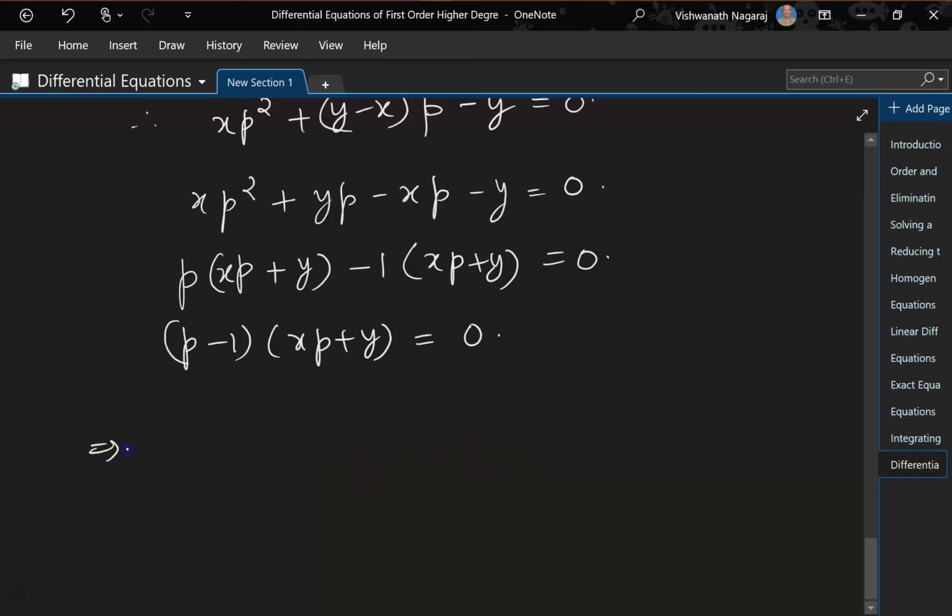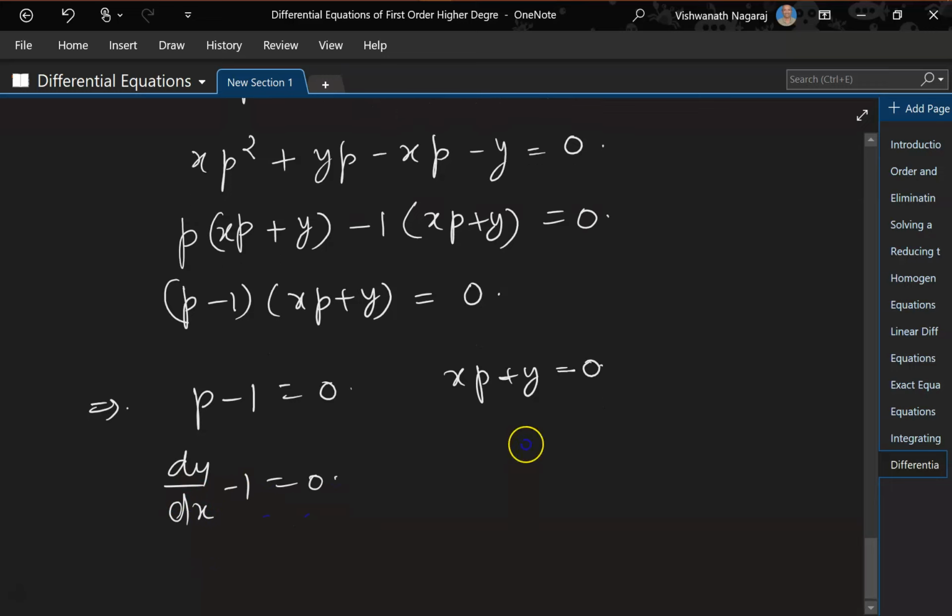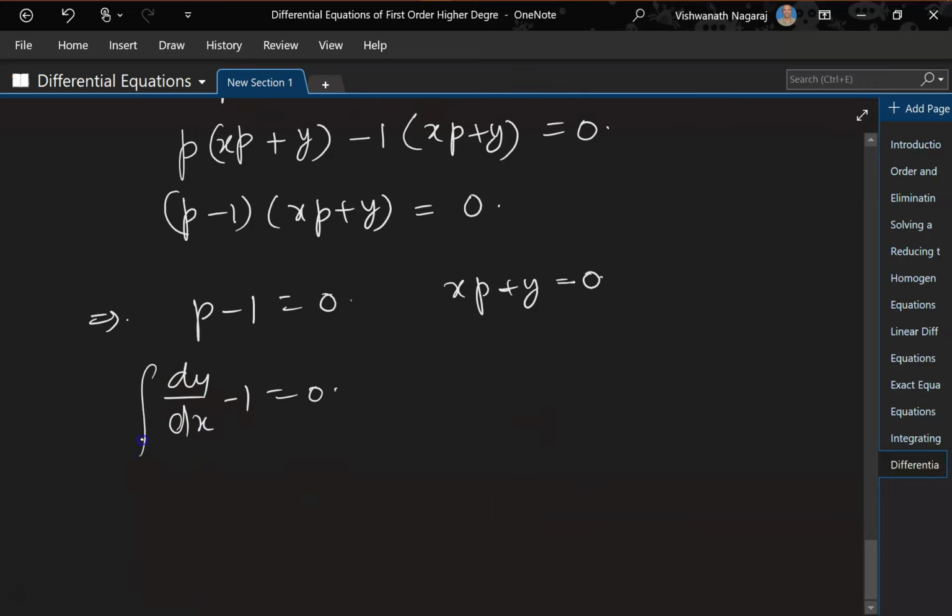Now what this implies is either p minus 1 is equal to 0 or xp plus y equal to 0. Now let's again bring back dy by dx minus 1 equal to 0 and let's integrate. So when we integrate we get y minus x equal to c1, and here this would be x dy by dx plus y equal to 0.